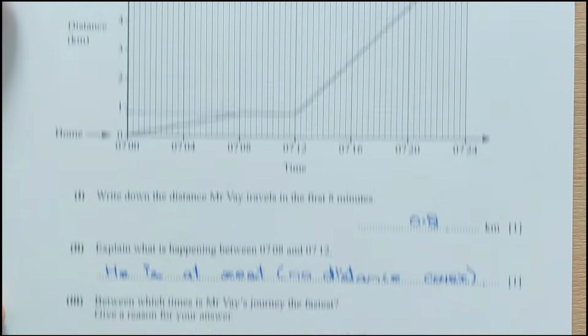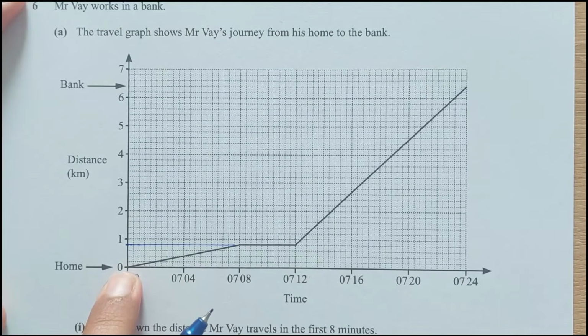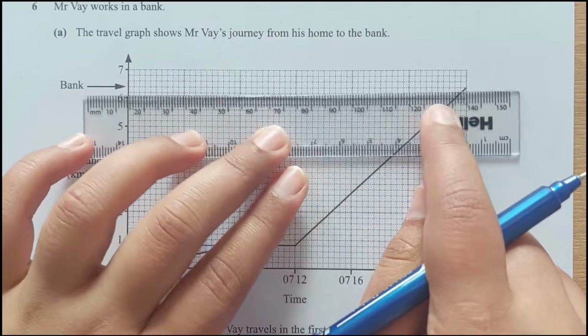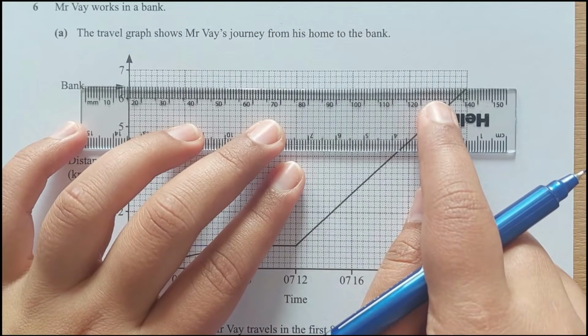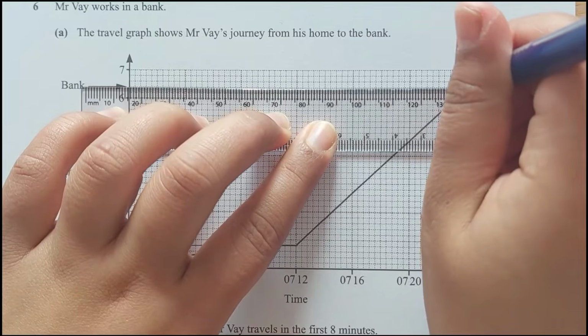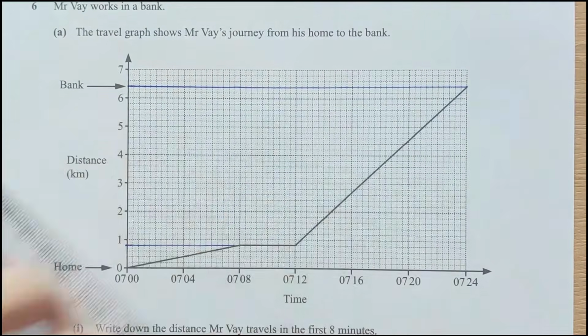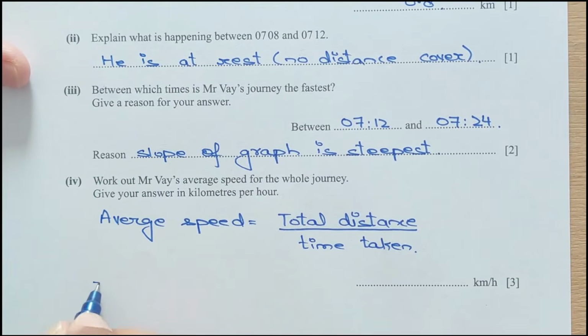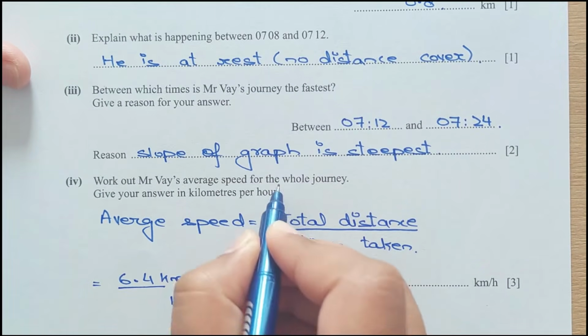So first we need to find the total distance traveled. From 0 kilometers to this point, this arrow. So the total distance traveled is 6.4 kilometers.